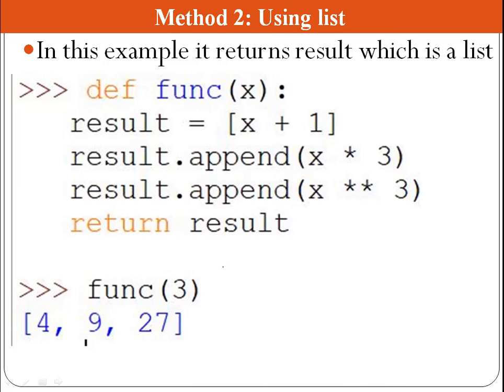Here you can see that a list has been returned as a result of calling the function. You are appending the values in the list one by one, and finally you are returning the list. You can return a dictionary as well. Here you are forming the dictionary as the return statement.